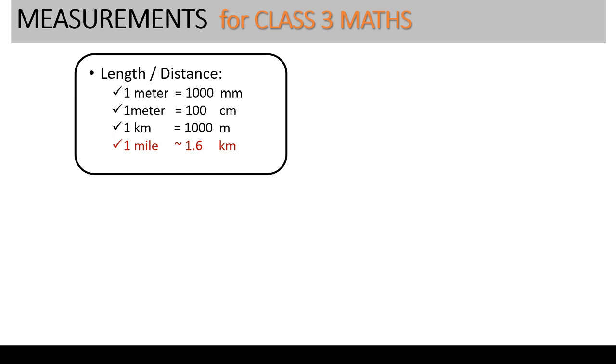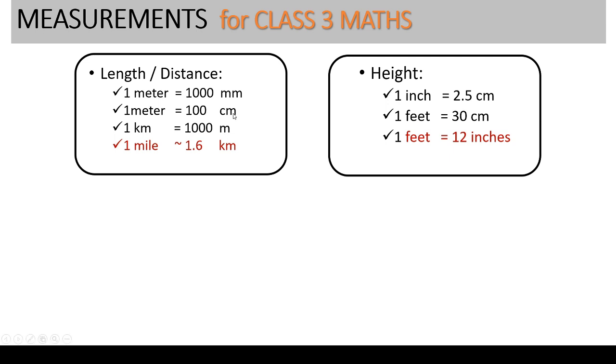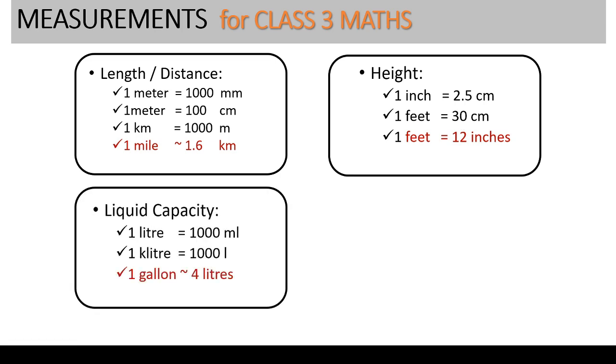The next measuring conversions are for height, where 1 inch is around 2.5 centimeters. 1 feet, which is made up of 12 inches, is 30 centimeter. Now come to the next measuring of liquid capacity.